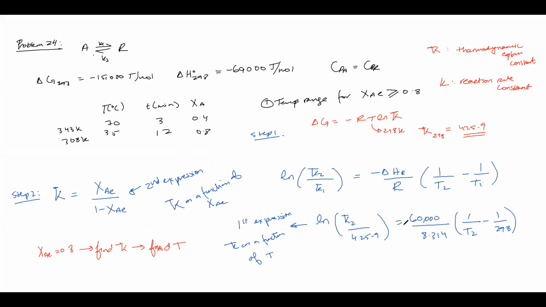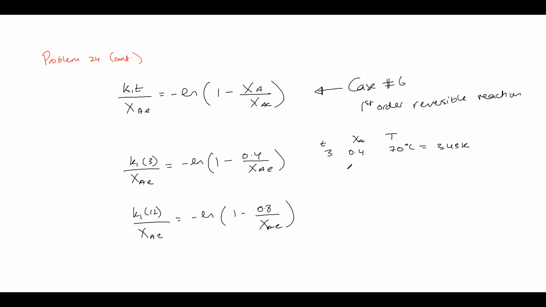So if I use this temperature, plug it in here, get a value for K2, and then use this value to get an expression for XAE, I can get a clear definition here. So here, using these sets of parameters, I can get my K2, or my equilibrium, K to be equal to 17.76, and XAE to be equal to 0.95.